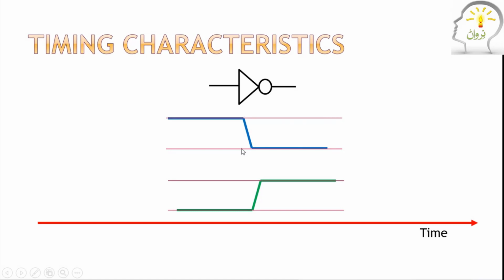When it is going from high to low, this period has to be very small. Practically it is in nanoseconds, this period going from high to low or from low to high, because for a logic gate we prefer to apply only logic high and logic low. We don't want to be in the uncertain region.